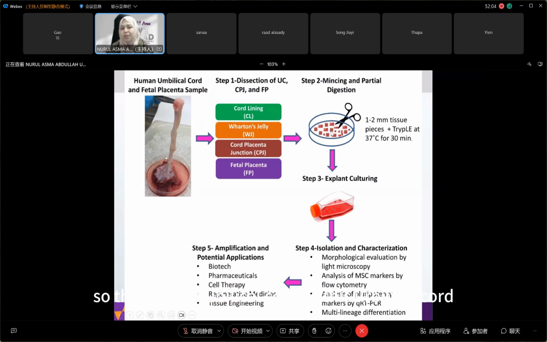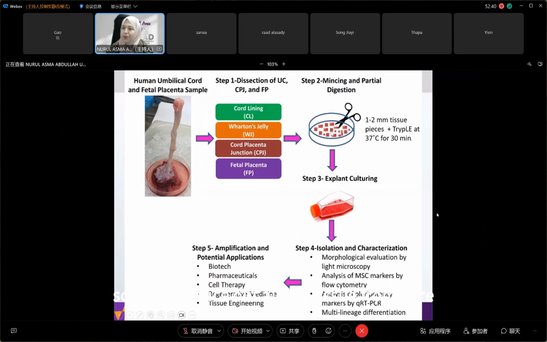So this is the umbilical cord. You have to open it and scrape off the tissue to isolate the stem cells. From these two sources of tissue, you can have various types of cells: the cord lining, Wharton's jelly, the cord placenta junction, and also fetal placenta cells.